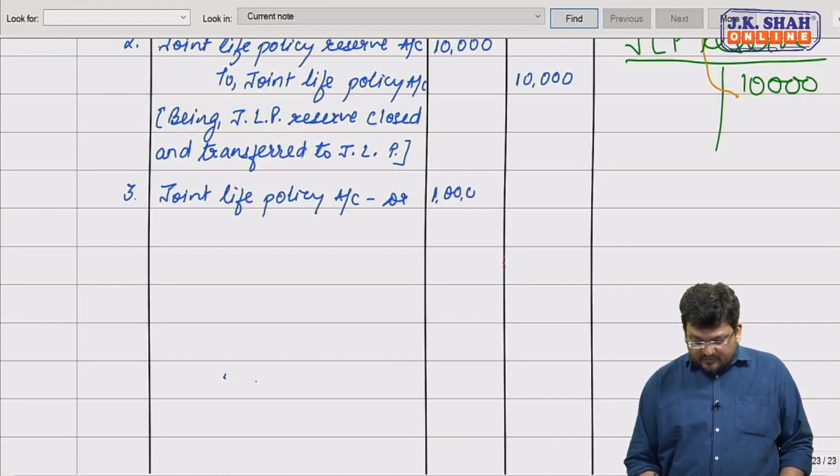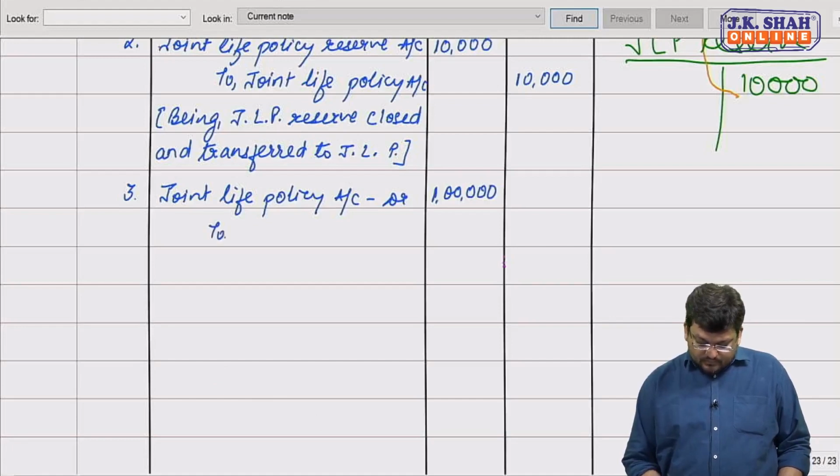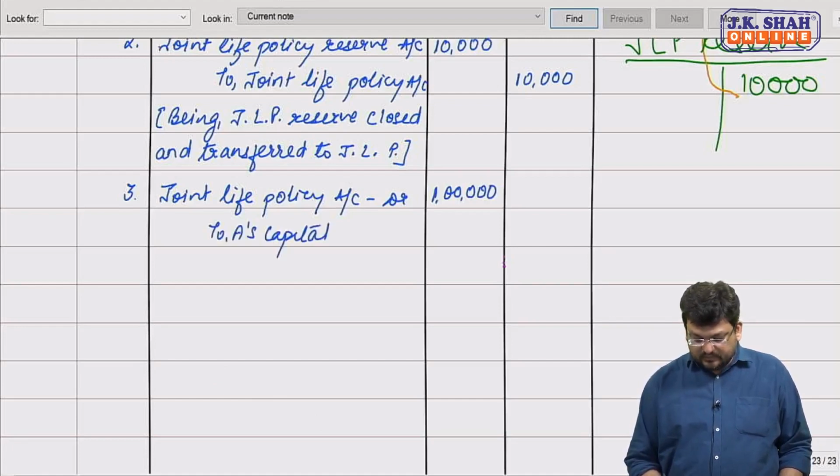The entry will be joint life policy account debit to A's capital 50,000, to B's capital, and to C's capital account.